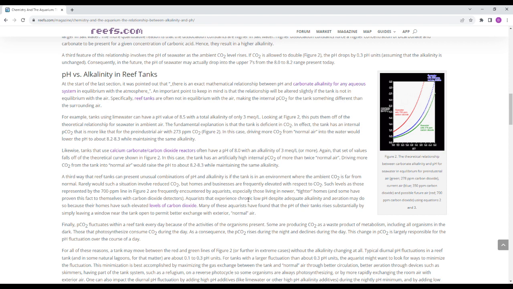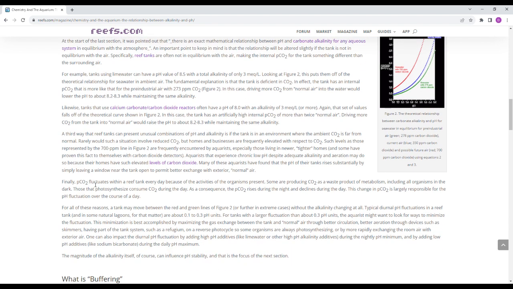Aquarists that experience chronic low pH despite adequate alkalinity and aeration may do so because their homes have such elevated levels of carbon dioxide. Many of these aquarists have found that the pH of their tanks rises substantially by simply leaving a window near the tank open to permit better exchange with exterior normal air.